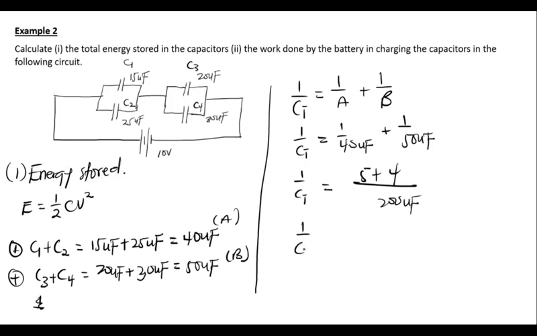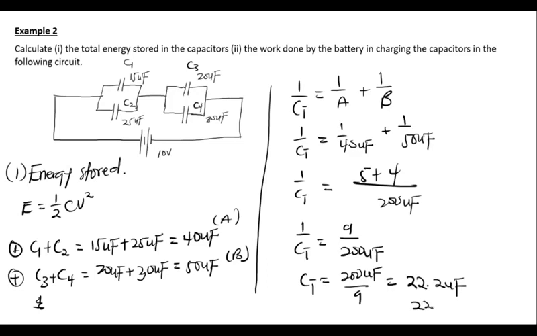So we have 1 over Ct equal to 9 over 200 microfarad. Okay, so to get the total capacitance, we invert this. We have 200 microfarad divided by 9, and this is equal to 22.2 microfarad, or 22.2 times 10 raised to the power minus 6 farad.